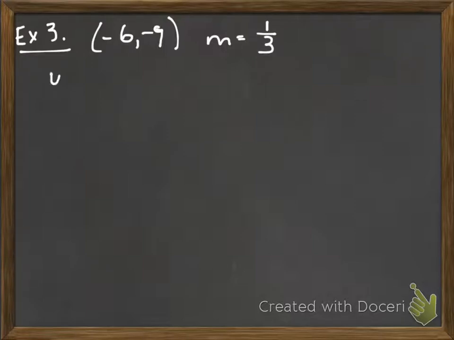Again, I'm going to go ahead and write my equation. y minus y1 equals m times x minus x1. Having that, I'm going to label my point x1, y1.